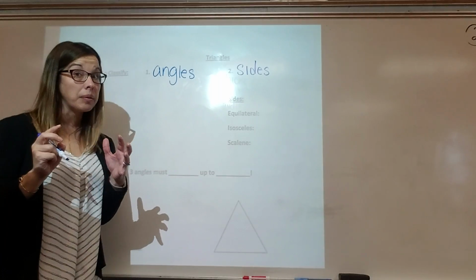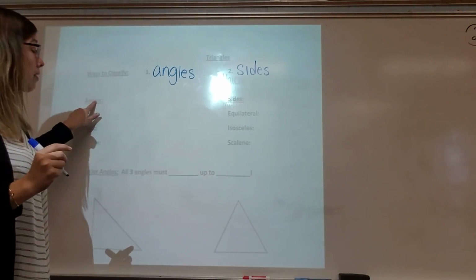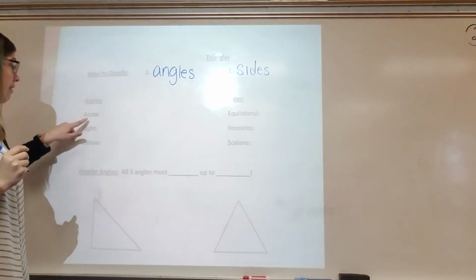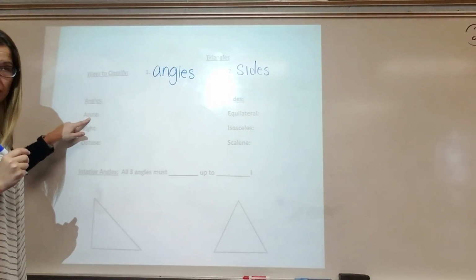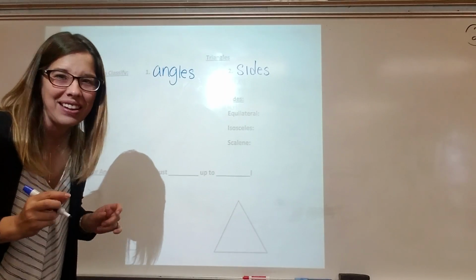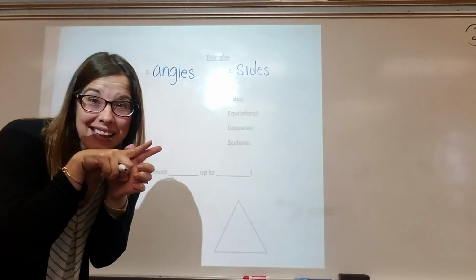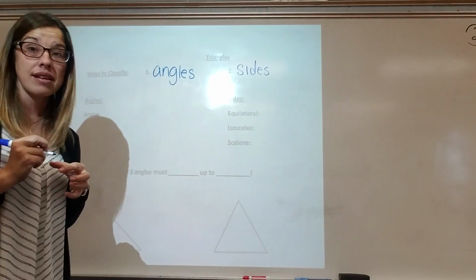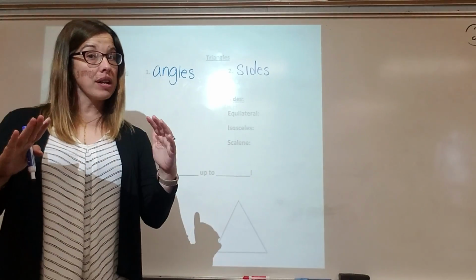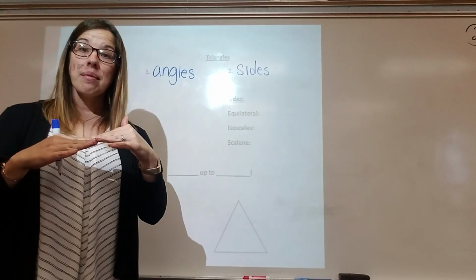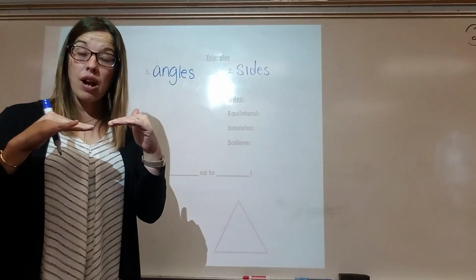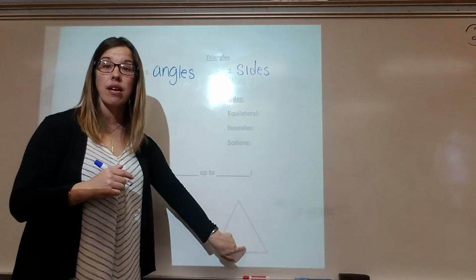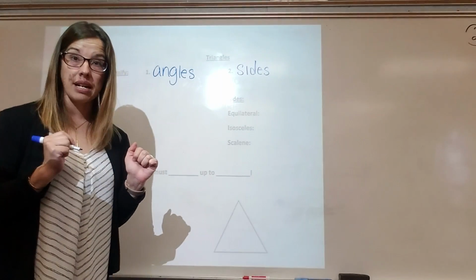And this is probably review for you guys. So right over here, we have our three kinds of angles. We have an acute angle. And you guys know what an acute angle is. It's a cute little angle, right? It's those angles that are smaller than 90 degrees, okay? So if we transfer that to a triangle, that means an acute triangle is where all three angles are less than 90 degrees.